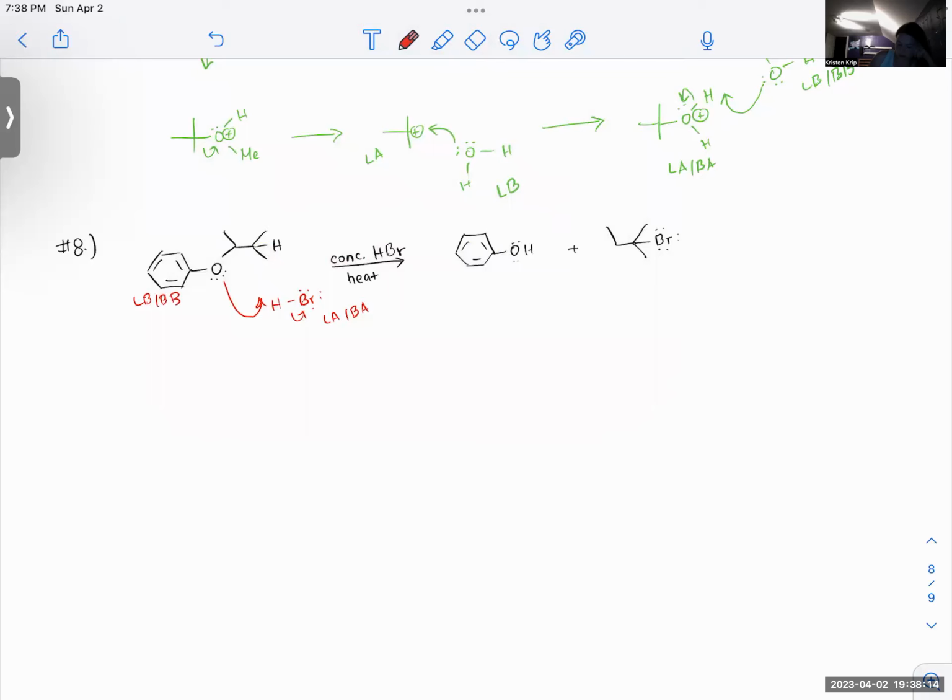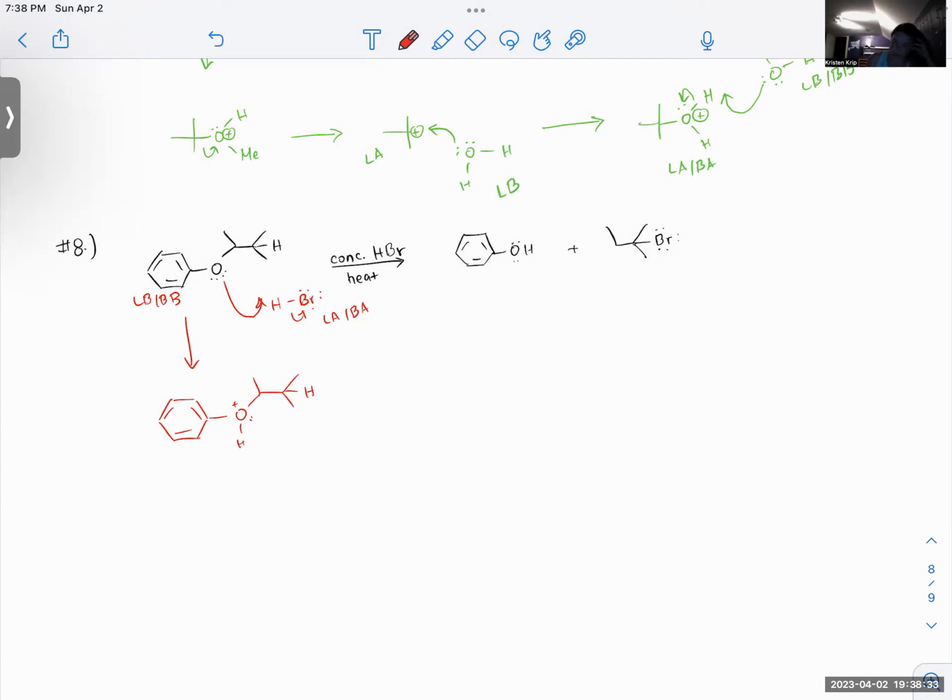We're going to want to label our acids and bases. We end up with this.